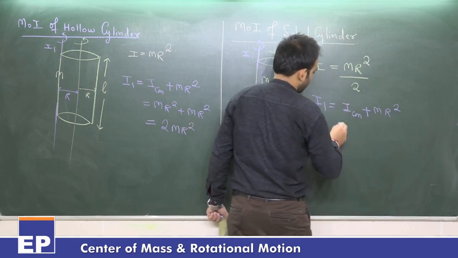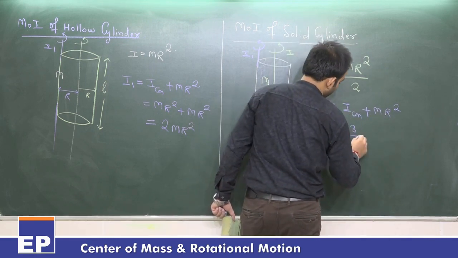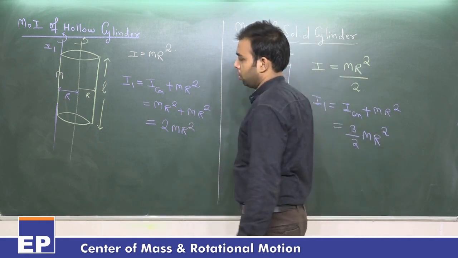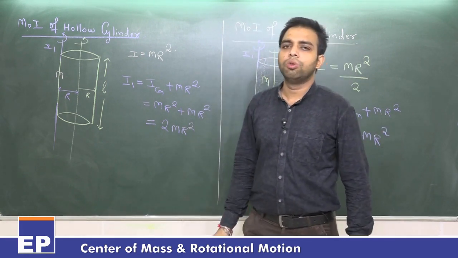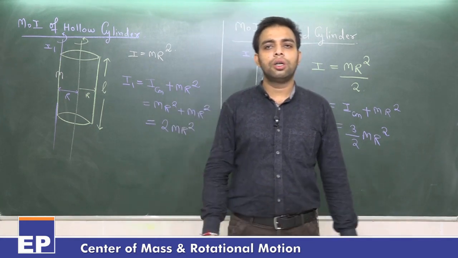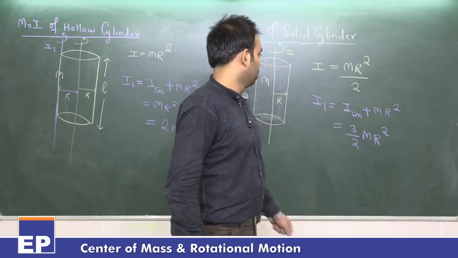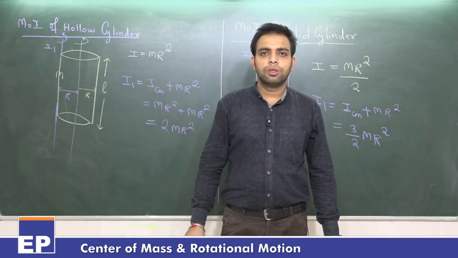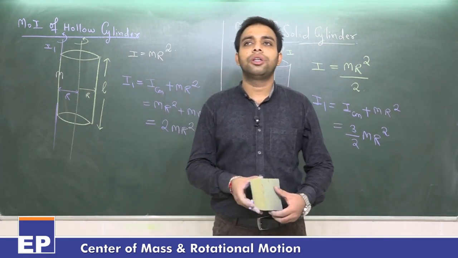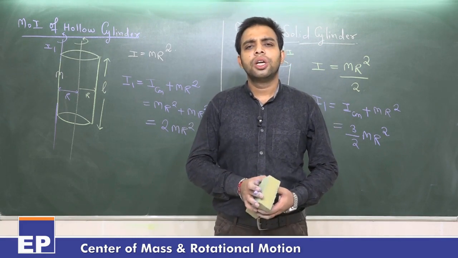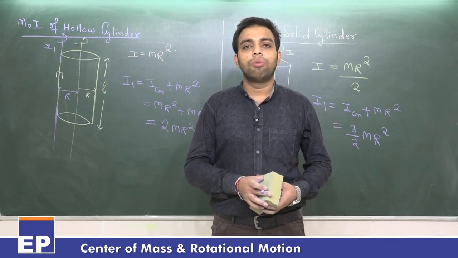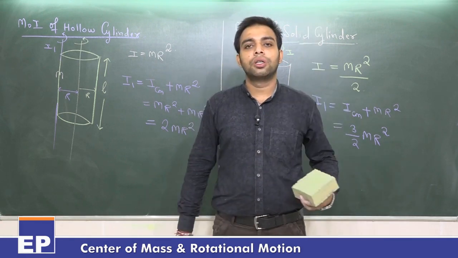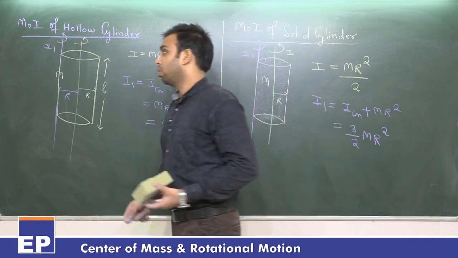That will become m r square by 2 plus m r square, which is 3 by 2 m r square. So this is the relation for it. Is it clear? You can use this for the solid cylinder about the axis passing through its center and along its length. Why is it used? Because I am not deriving this relation, I am directly using it, and you have to learn it. Because about that axis, if we compress it, it will become a disc of mass m and radius r.